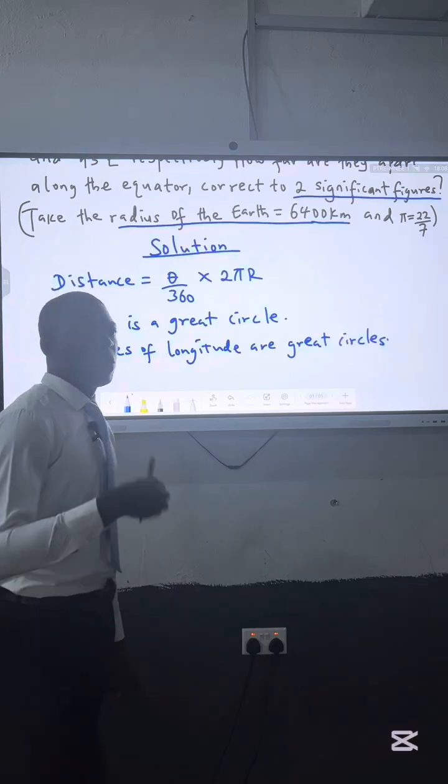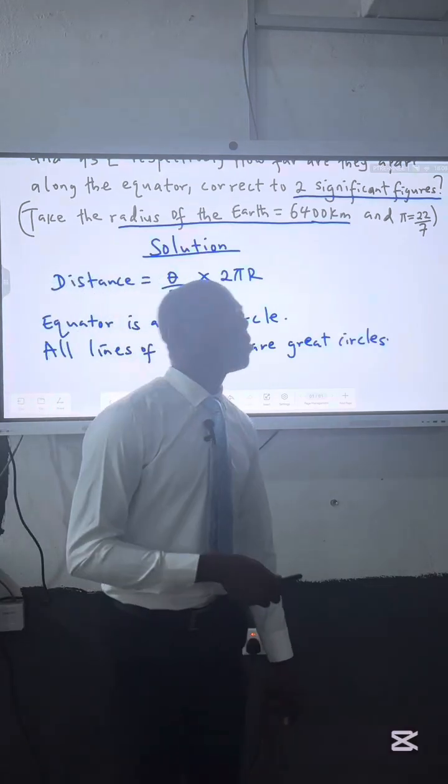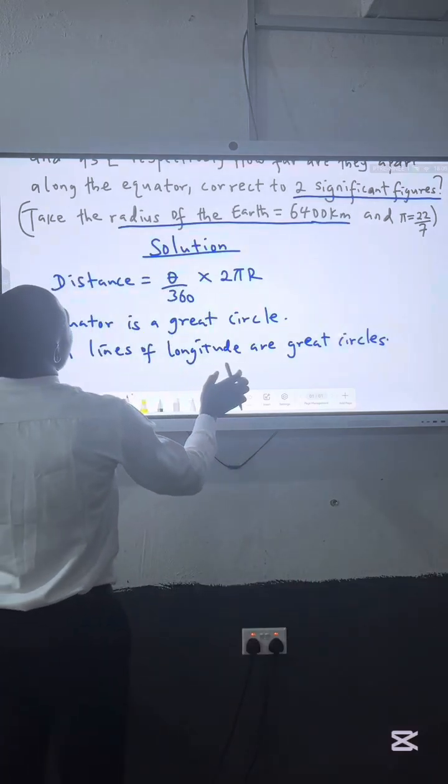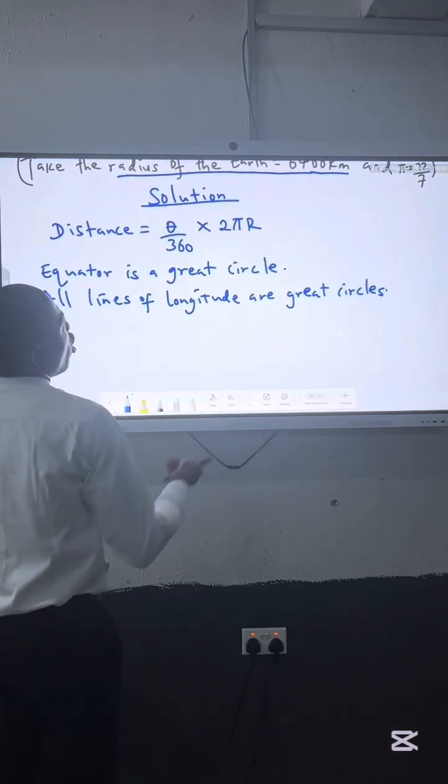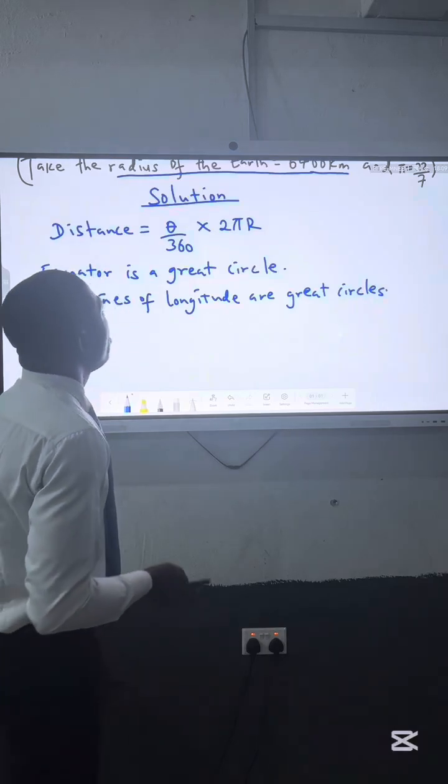As time goes on, in another video, you will know why it is like that. Now, how do we find the value of theta? We already have the value of pi and the value of capital R; what remains is theta.